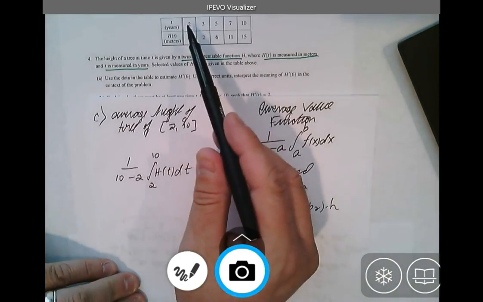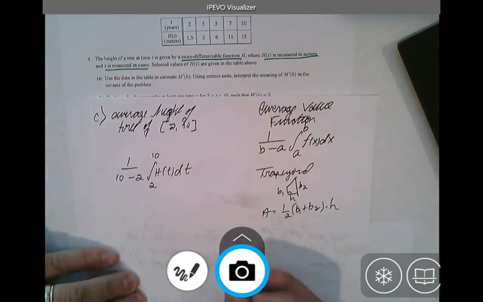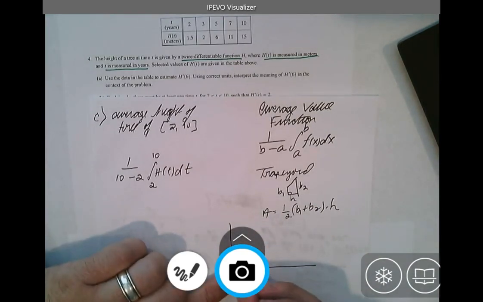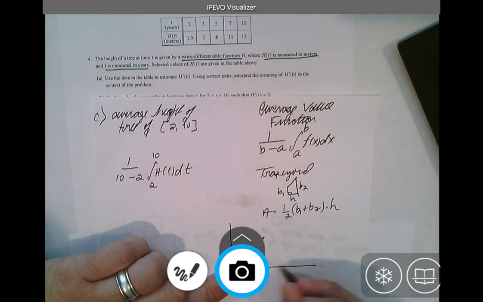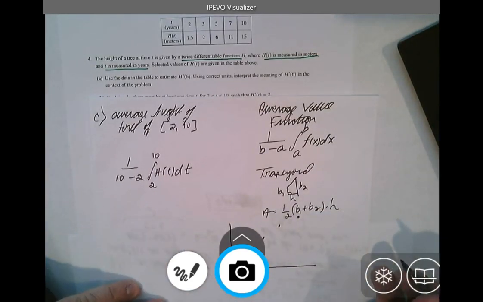If I were to plot these points, 2, 1.5, 3, 2, 5, 6, 7, 11, 10, 15. Not drawn to scale, I know.